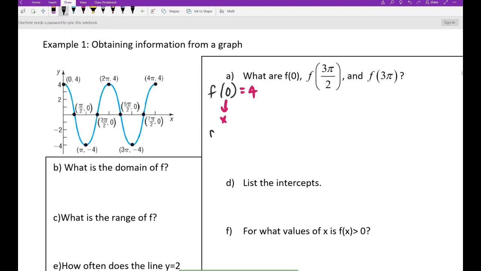What is f of 3 pi over 2? Where do you go now to find the answer? What am I asking in plain English? You have to explain to someone that's not in math what we're doing. What are we really asking?